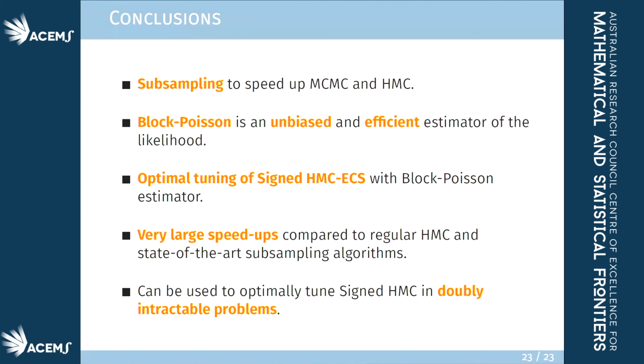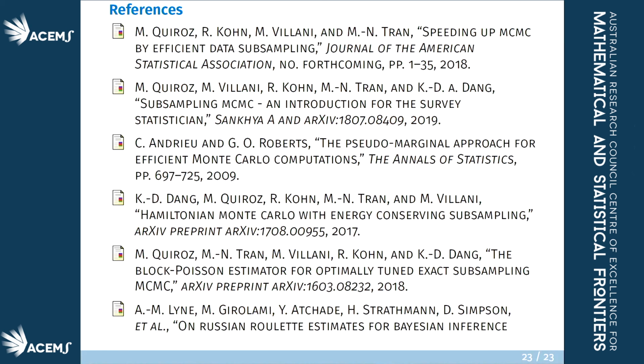We've got slight speedups, and what we're working on now is various approaches for tackling doubly intractable problems, because with the methods Girolami has in his papers, it's very easy to augment some variables and use these techniques as well. So the aim here was just to do things exactly.